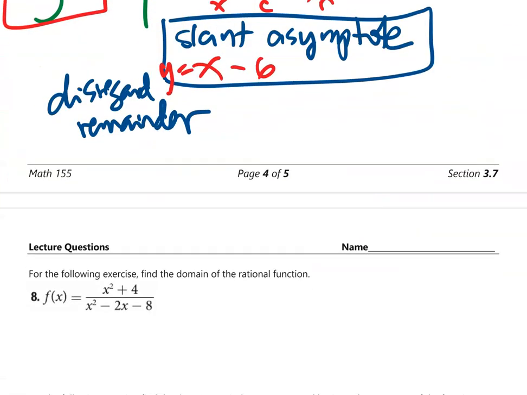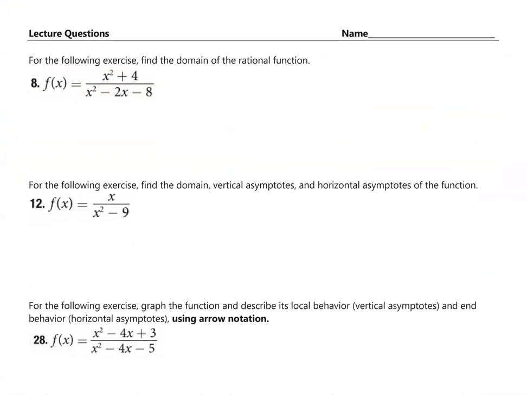Okay. All right. Now let's answer some lecture questions here. For the following exercise, find the domain of the rational function. So remember, what we do is we set the denominator equal to 0. So x squared minus 2x minus 8 is equal to 0. And this is factorable.